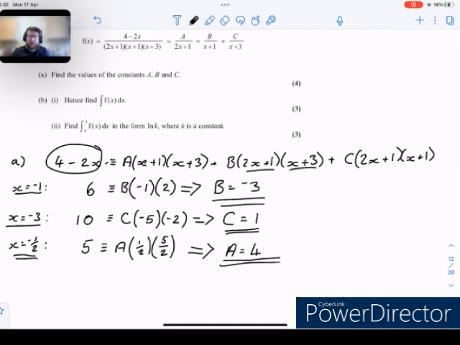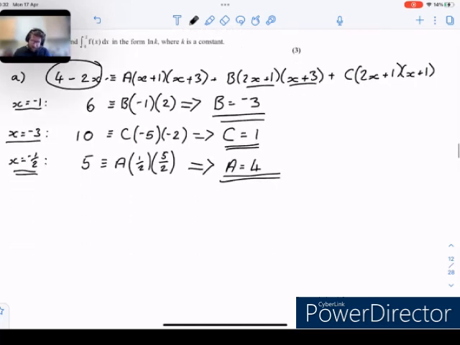Okay, so we have found the values of A, B, and C. Now find the integral of f of x. So for part B, the integral of f of x. That's the integral of this fraction.